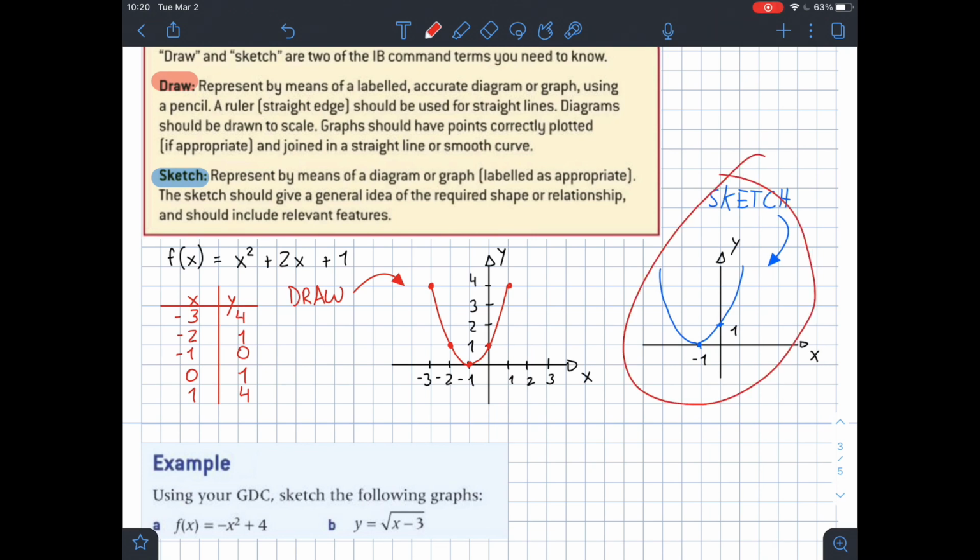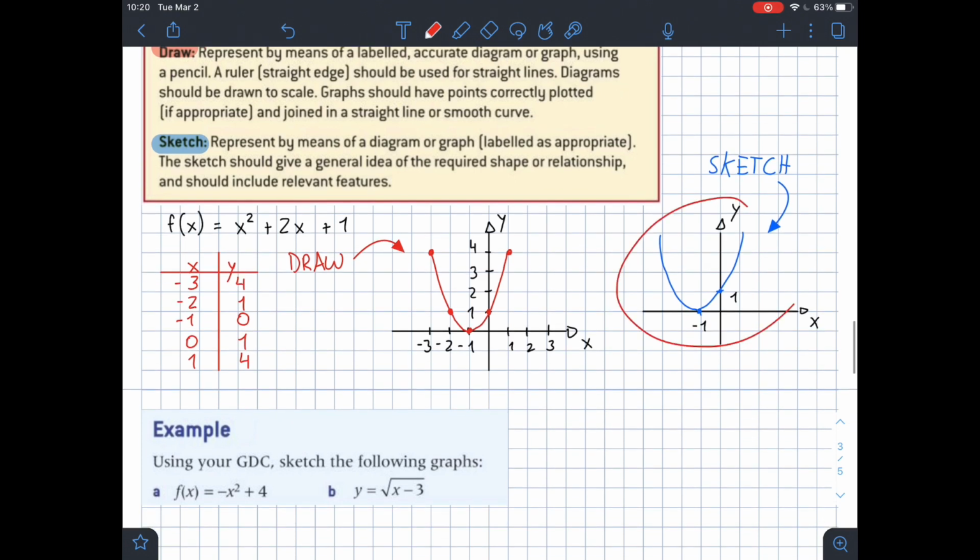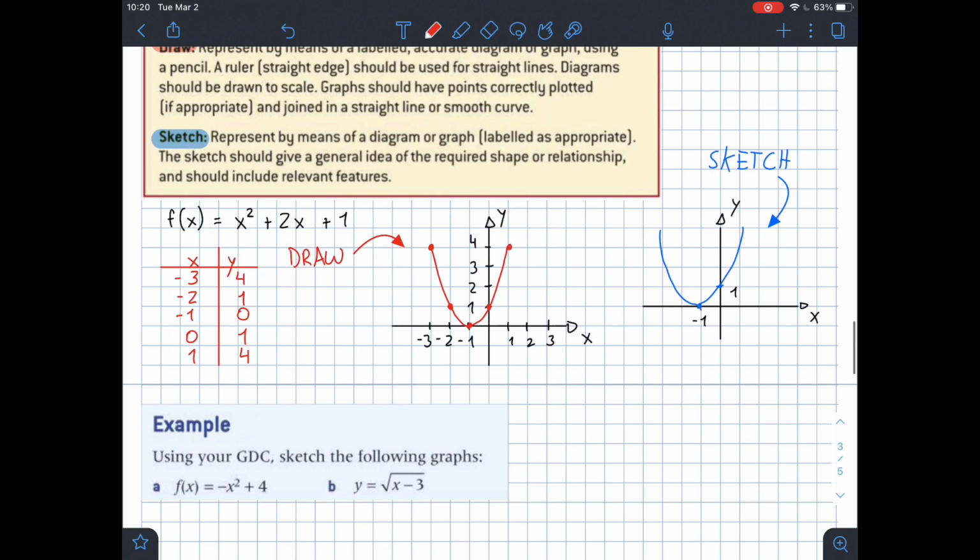Well, this sketch is just a quick thing, something that you can do in 2 minutes or less, which shows a general idea of the shape of the function. This is a function that I'm drawing and sketching in this case. You see, I didn't even put all of the values of x nor the values of y, because it's just wasting time. I just put the ones that are important, right?